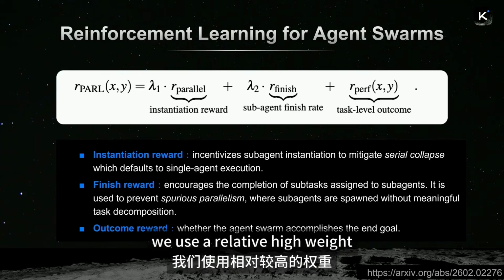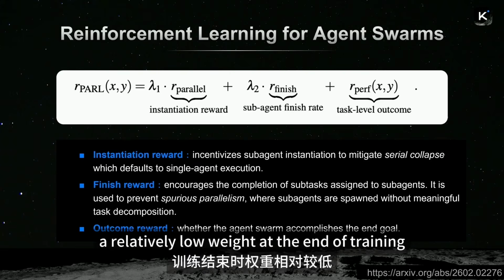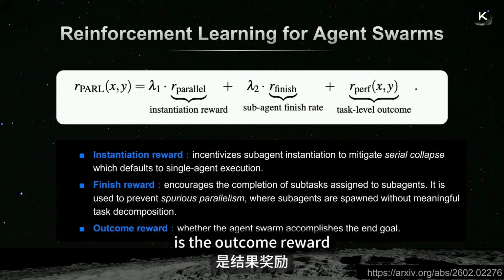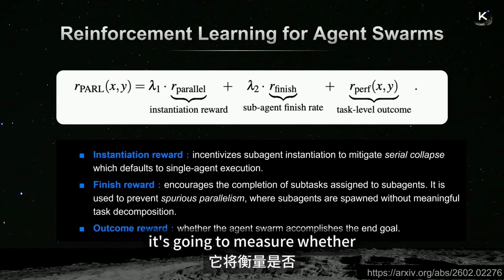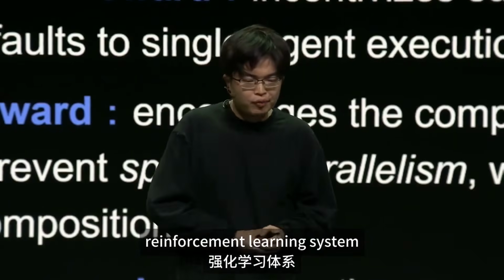We use a relatively high weight at the beginning of training, and we decay it to a relatively low weight at the end of training. And of course, the third term is the standard outcome reward. It measures whether the entire task is completed. And then we add these 3 terms in our reinforcement learning system.